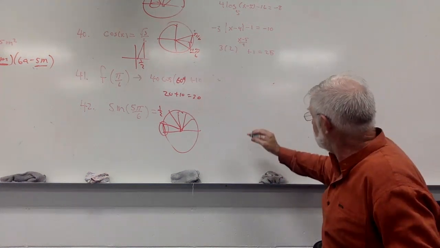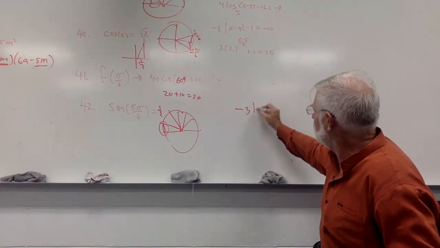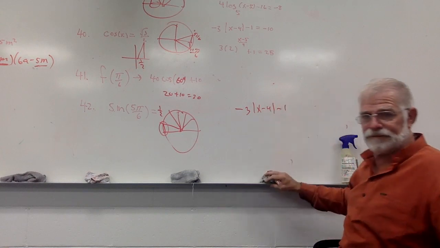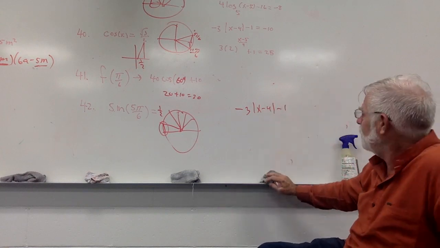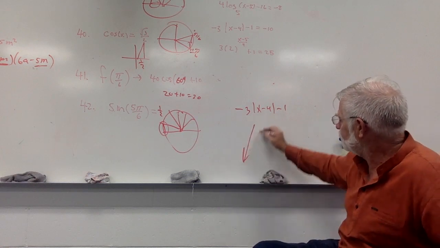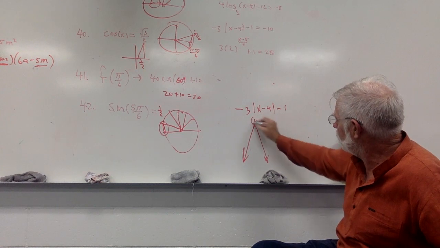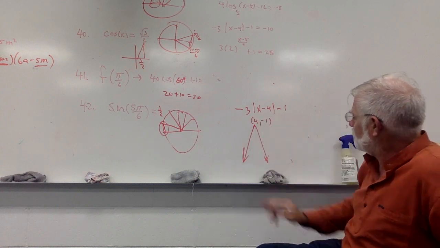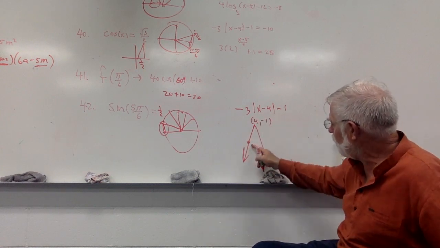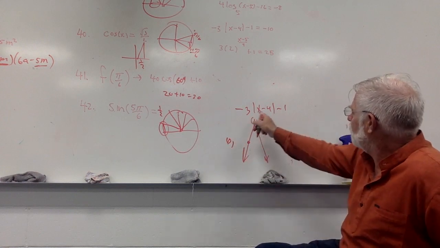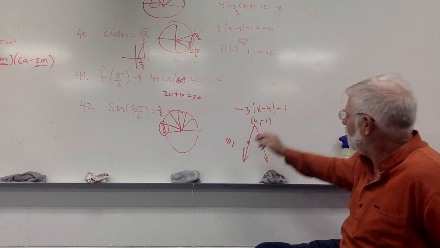So we've got minus 3, x minus 4, minus 1 as a graph at the left side of the equation. That's V-shaped down. I know 4 gets me negative 1. And if I put a 0 in, I'm on this side. I usually put it right in the middle. 0 gets me negative 3 times 4, negative 12, minus 13.